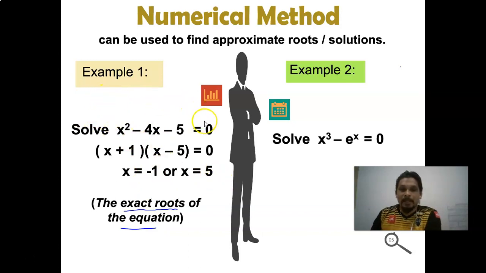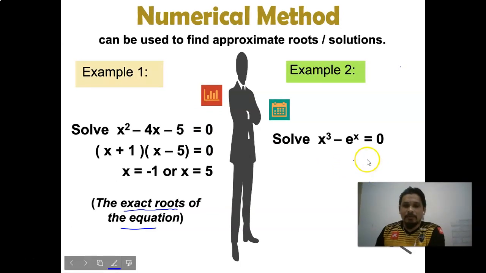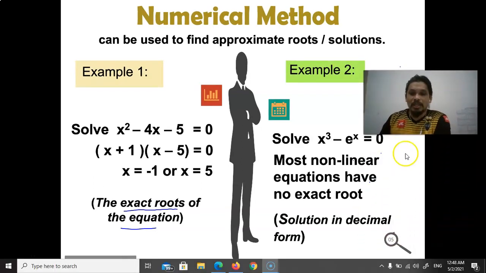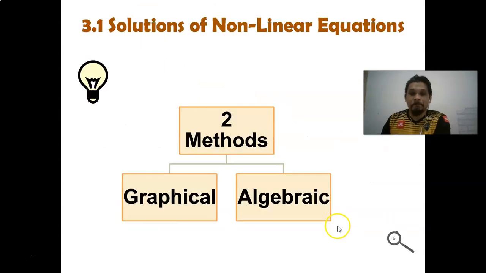And then what about this one here now? x cubed minus e power of x equal to 0. This is a nonlinear equation that has no exact root, meaning that we cannot simply say that the value of x might be 1 or 2 or round figures. No. So we come up with a solution in decimal form.